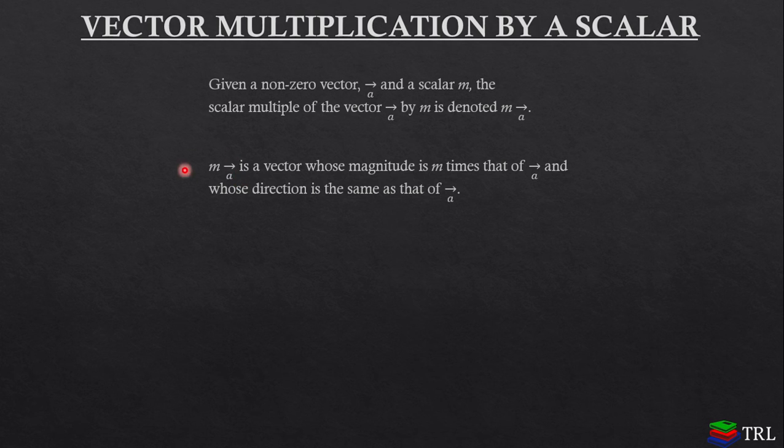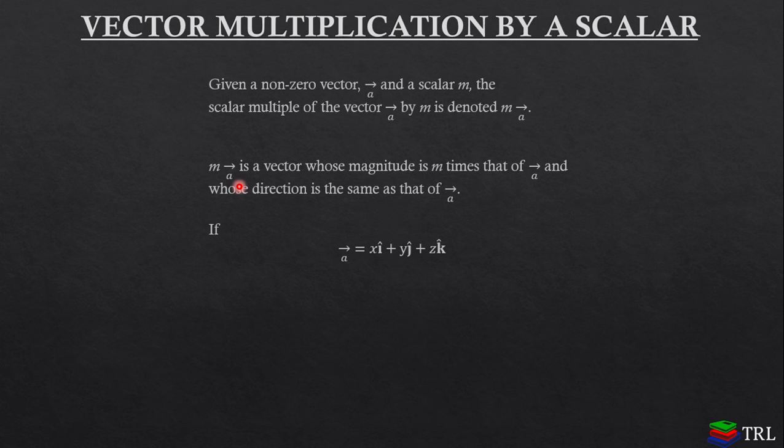However, if m is negative, it changes the entire vector result that we will get by multiplying the negative scalar by the vector, giving us a different magnitude and a different direction.